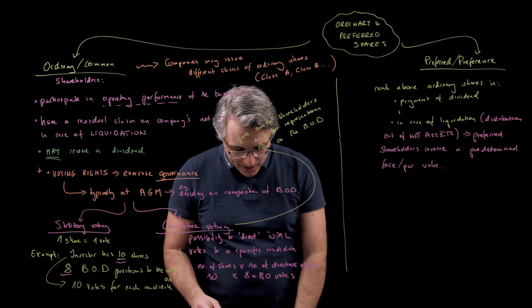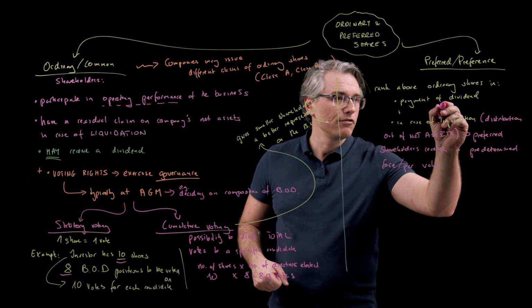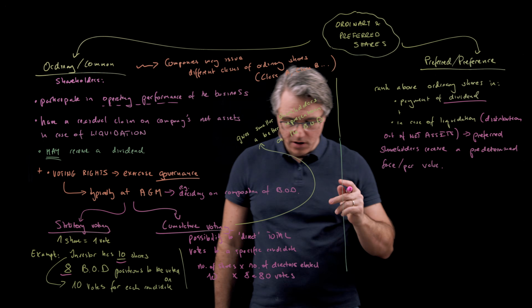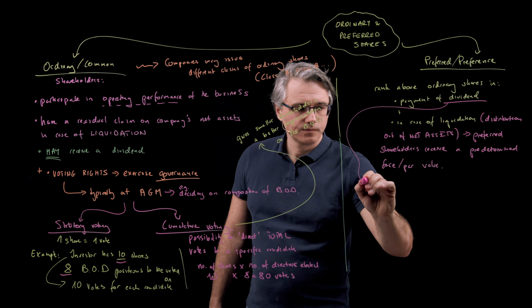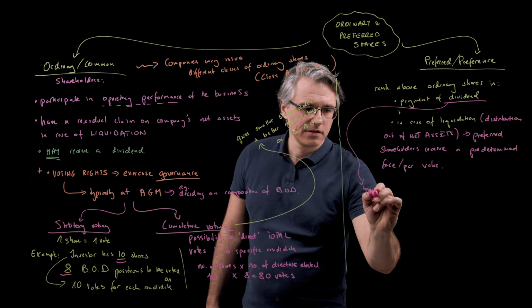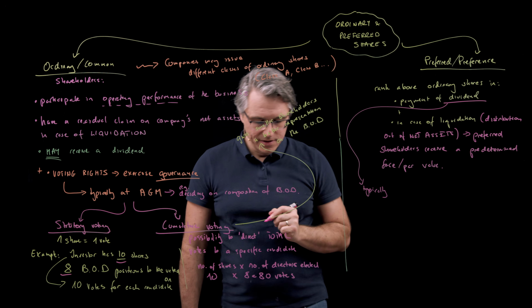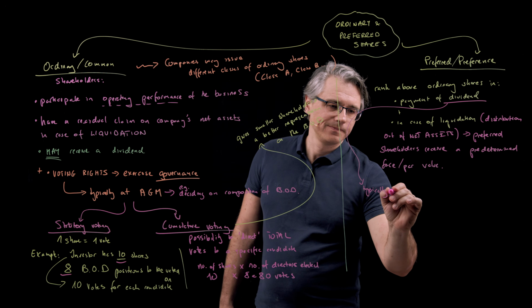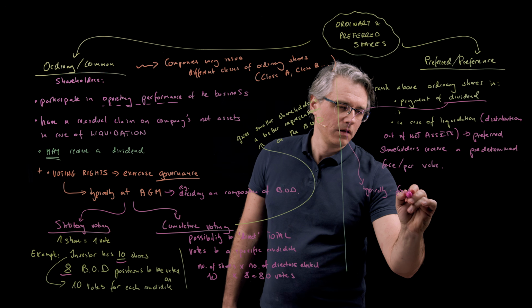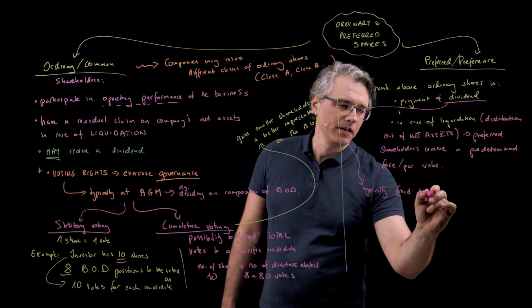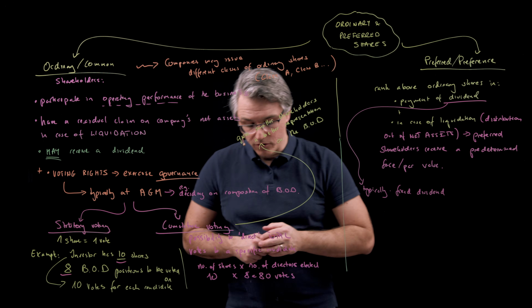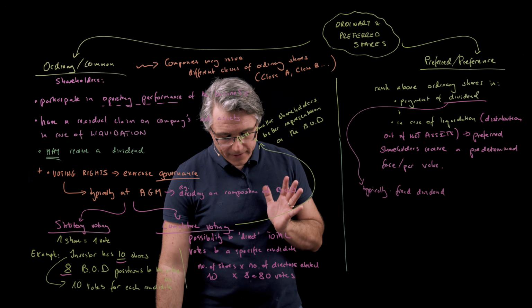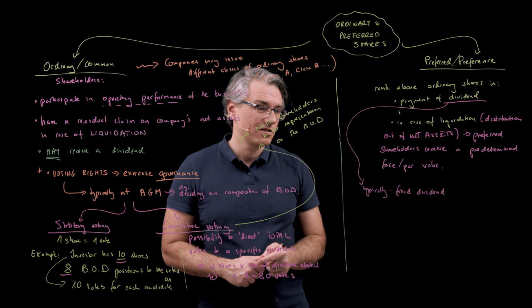So what will happen? Let's go back to the notion of the dividend. This is an important one. What will happen is, typically, this dividend is actually a fixed dividend, which needs to be paid to the preferred shareholders before anything can be distributed among the ordinary shareholders. I'll show you how that works in just a moment.